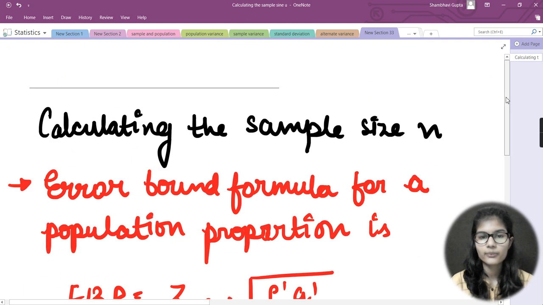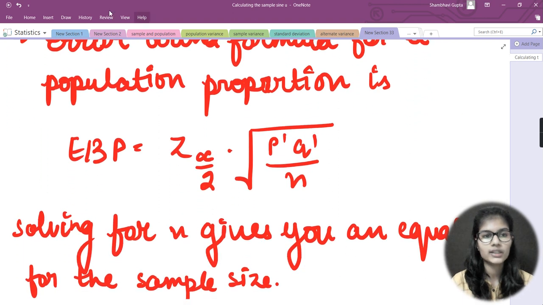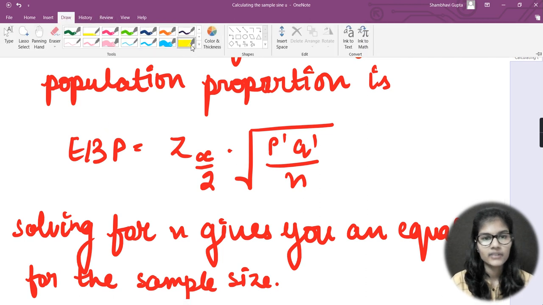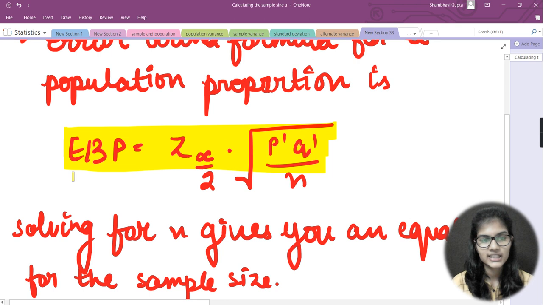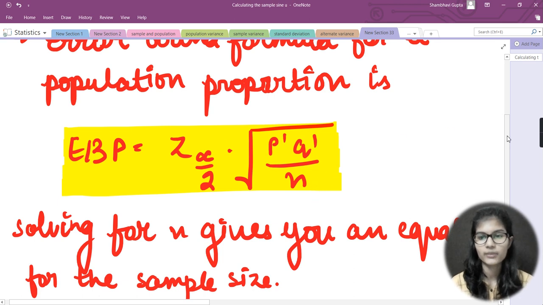Let me take out the highlighter. We had a formula for finding the error bound for the proportion, and that is EBP equals Z of alpha by 2 multiplied by the square root of P dash Q dash divided by n.